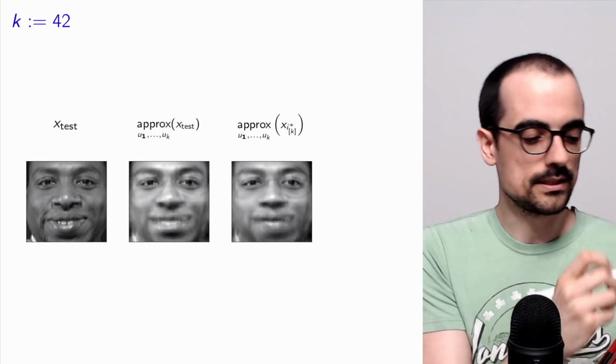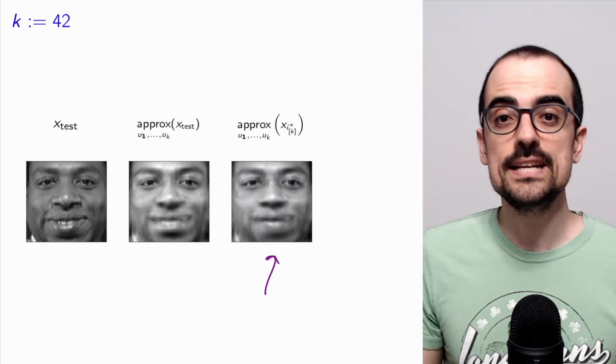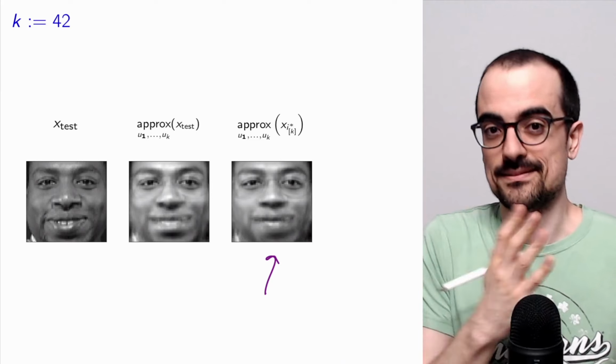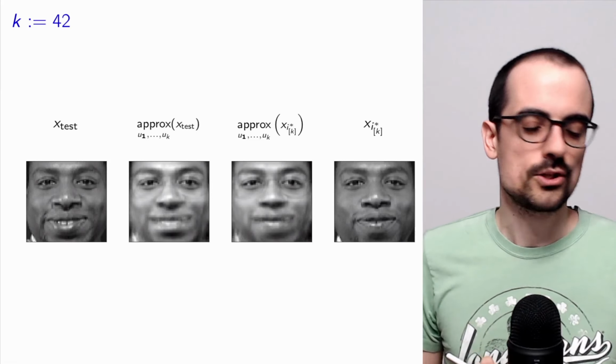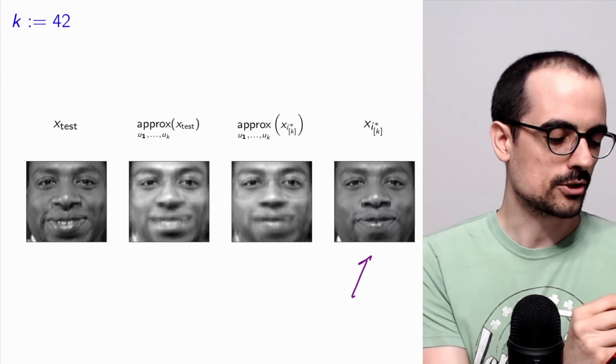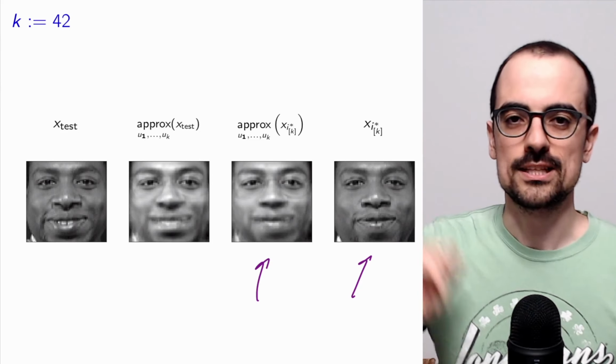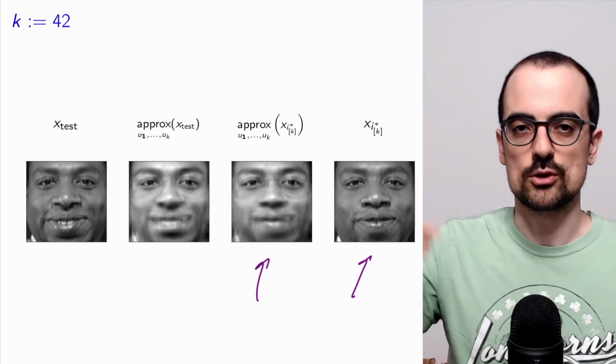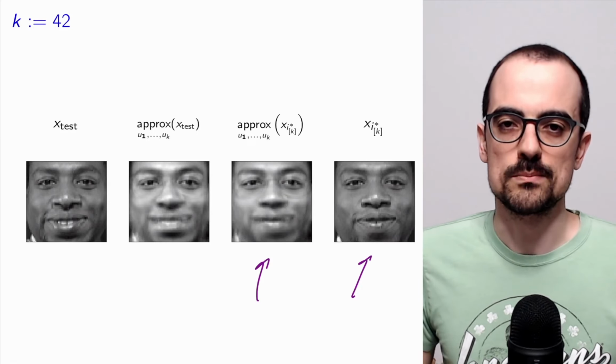This is the closest face in the training set, and it corresponds to the same person, so we get it right. This is the actual face in the training set. This is the approximation obtained by projecting on this 42-dimensional space that corresponds to the 42 first principal components.